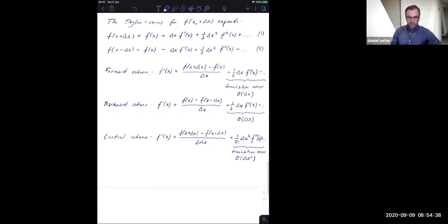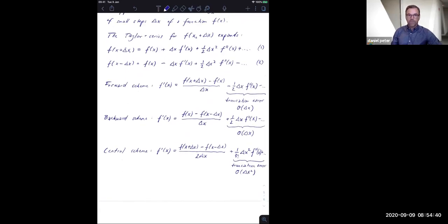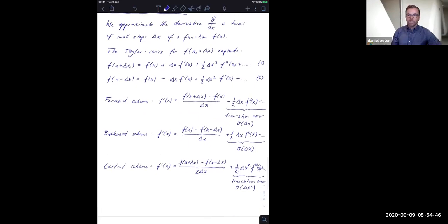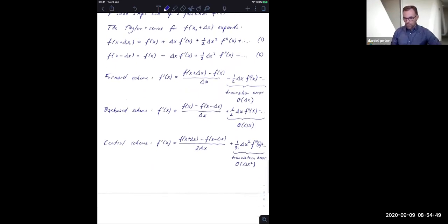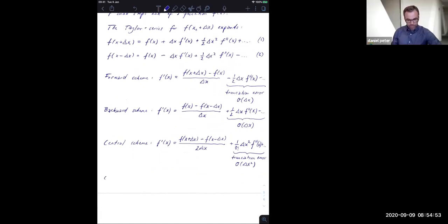Good. You also see that the central scheme we can use for the second derivative. So these are approximations for the first order derivatives. And we can do so as well for the second order derivative, again using a central scheme.